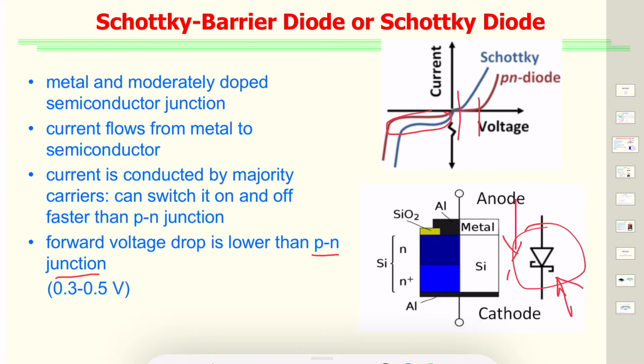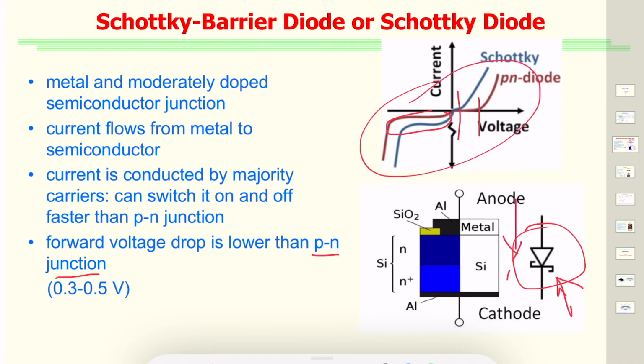Another thing to note is that not all metals would make this kind of junction with semiconductor material. In fact, we put metals on semiconductor surfaces to make terminals for the devices, and those terminals we call ohmic contacts, because they would not have this kind of behavior.